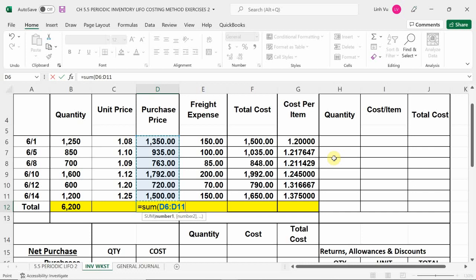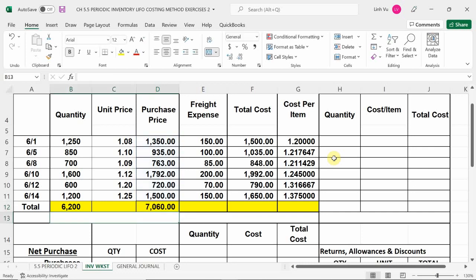It's $7,060. Good. What about my total freight? What's the total cost of my freight? $755. Good. So what is 7,060 plus 755?